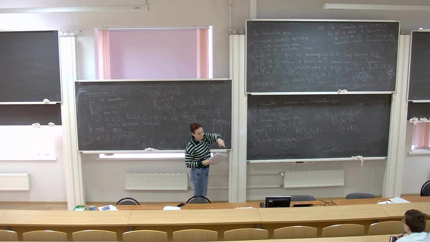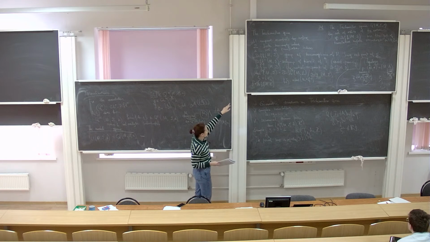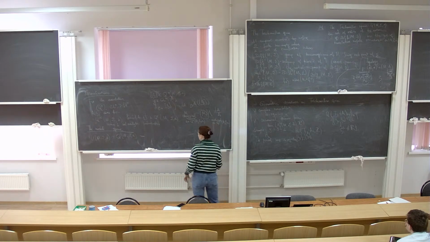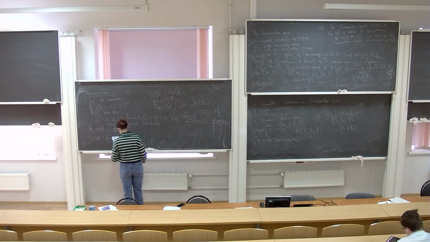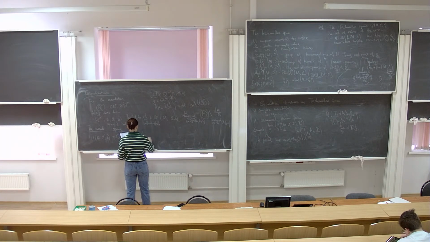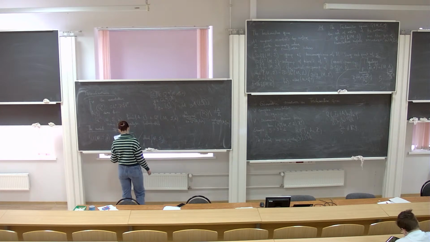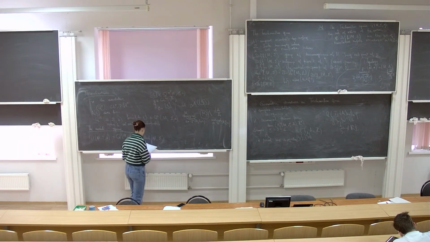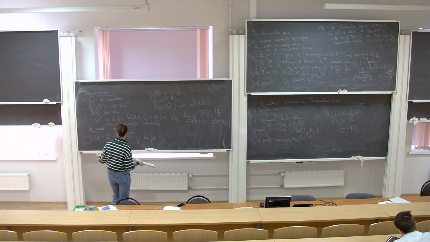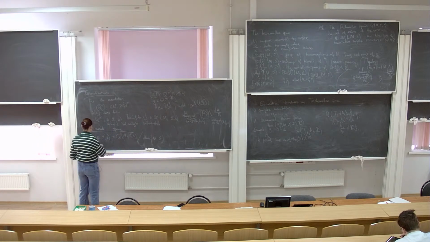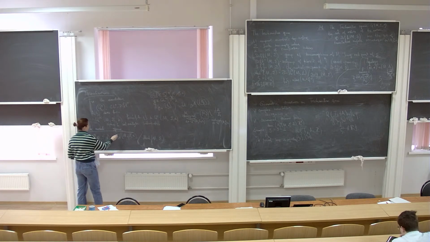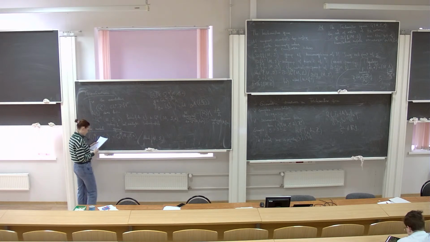Don't be confused with the modular surface that we discussed in connection with geodesic flow. Here, it's a slightly different thing. So the moduli space is a result of the factorization of the action of this group on the Teichmüller space. This is a discrete group, but it acts continuously on the Teichmüller space, and so we consider such a factor.